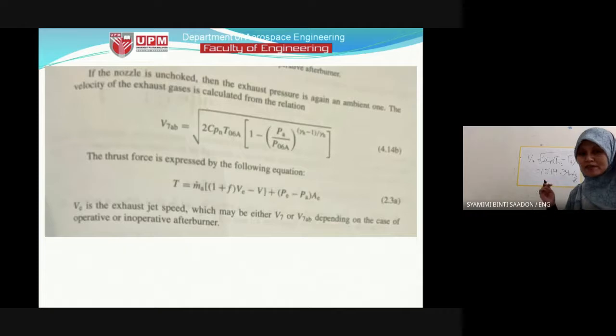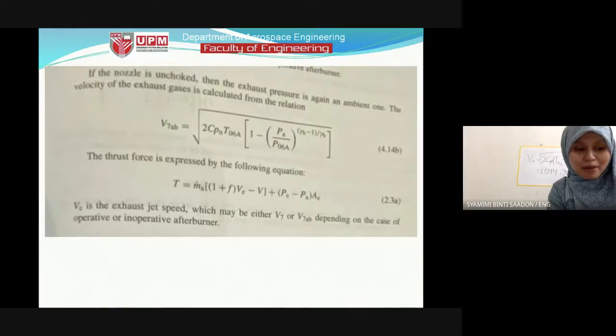Okay, V7, 1044.34, by using the definition of total equals to static plus dynamic temperature. Okay, so exhaust speed, velocity of the exhaust gas. We have achieved this one.